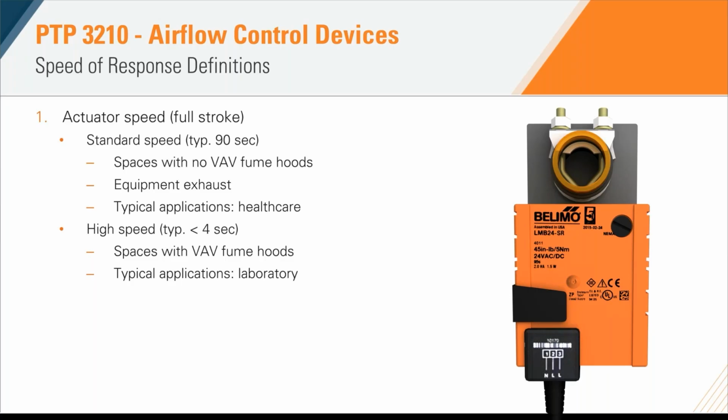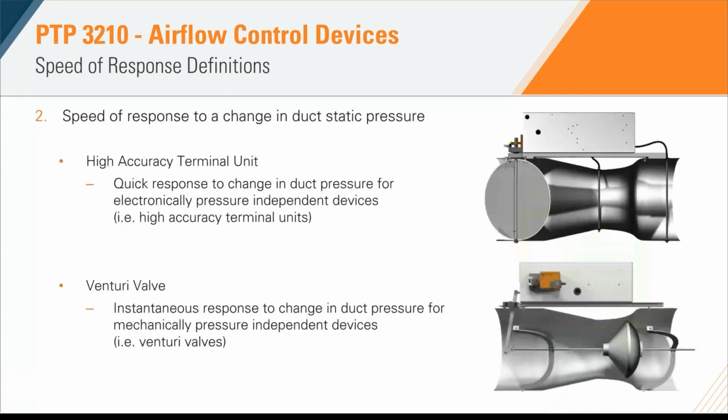The next speed of response definition is the speed of response to a change in duct static pressure. If there are fluctuations in our duct, how fast does the air valve react to that? For a high accuracy terminal unit, this response is still going to be very quick since we're utilizing those electronic pressure independent devices, the controller and the actuator, and you do have the ability to tune that response.